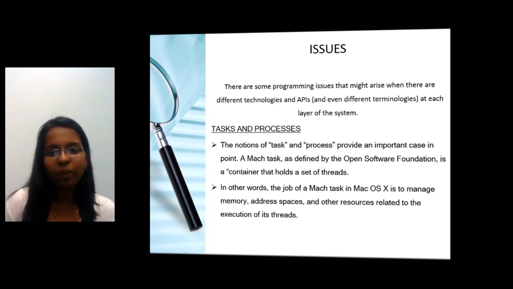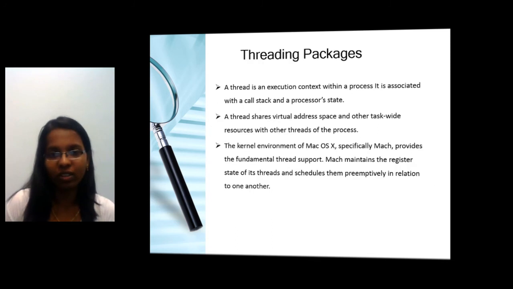In other words, the Mac task in Mac OS X manages memory, address space, and other resources related to the execution of its threads. A thread is an execution within the process. It is associated with a stack and the process state. A task holds the virtual address space, resources, and threads of the process.